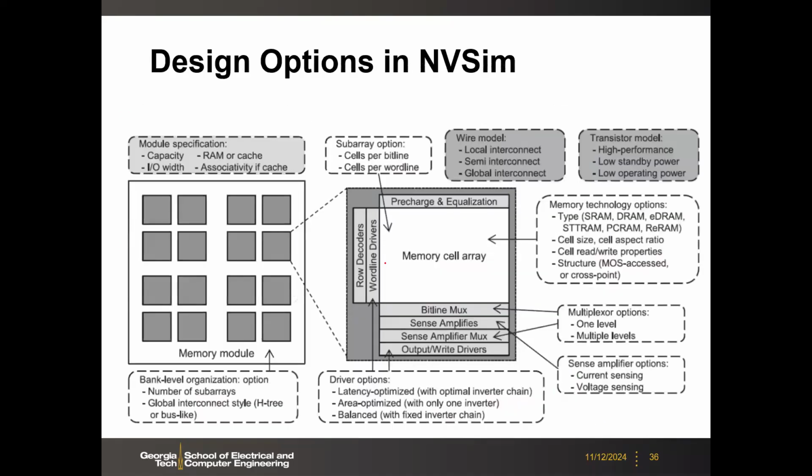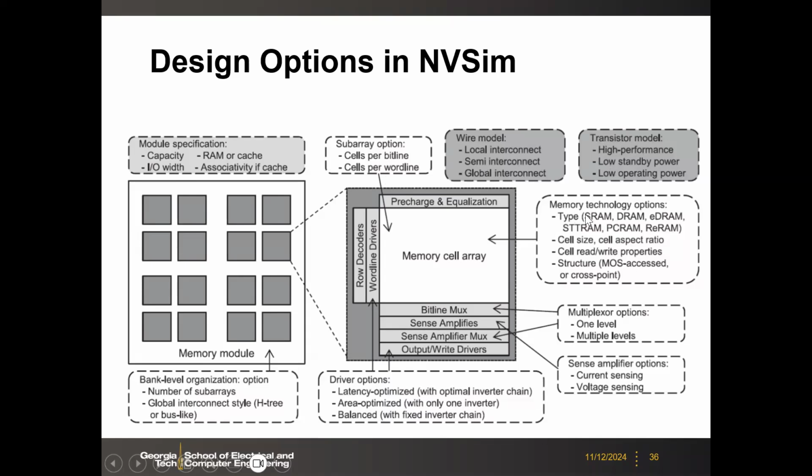So then here, these are the design options you are going to vary in the model. So as I said, here you can change the subarray size, how many subarrays, and then the IO bandwidth, and then let's say IO width, number of bits in parallel, and then the wire model, local interconnect, global interconnect, and transistor model, high performance, low power.